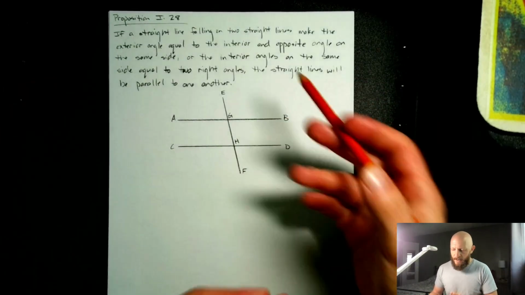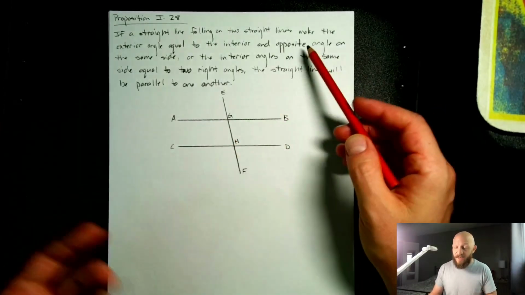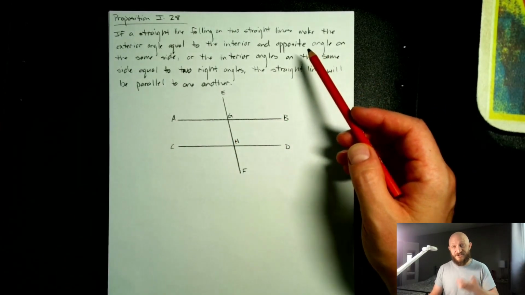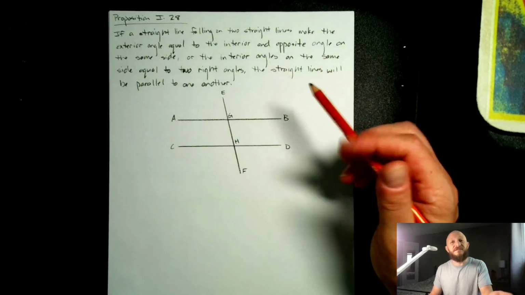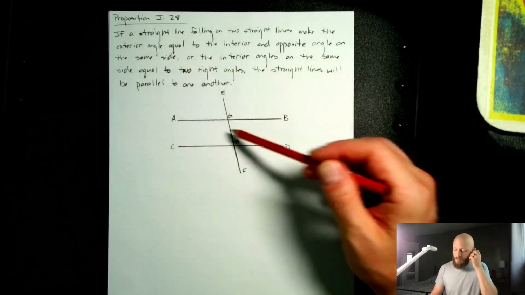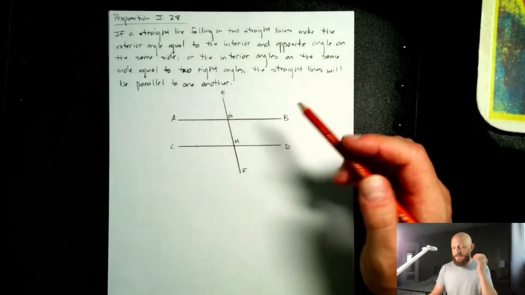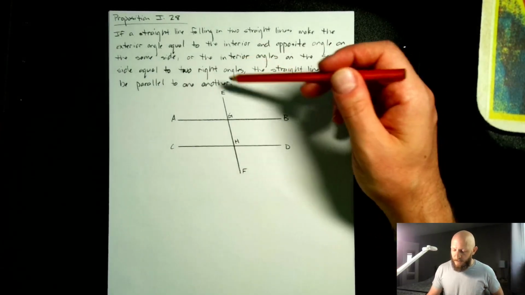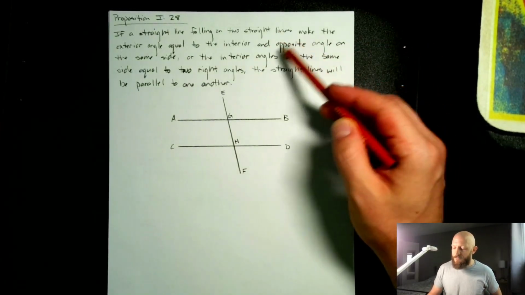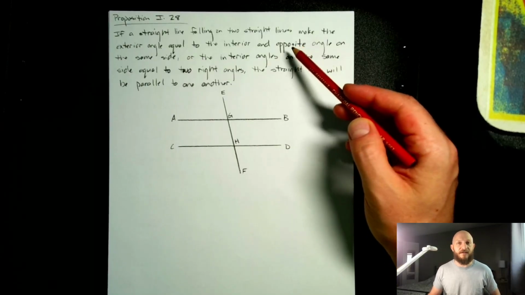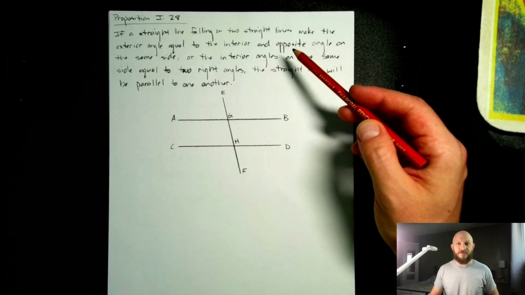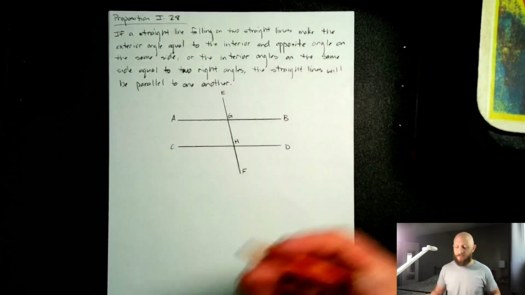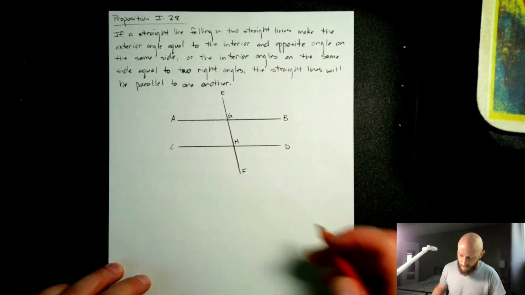So we do have to treat this carefully, because we haven't proven that these are equivalent statements, which you could go through. It's a great practice. It's an if and only if statement, so you have to prove it two different ways. But rather than doing that, since we haven't proved it, we have to treat them as completely separate, independent situations, and we prove the result for both of the situations.